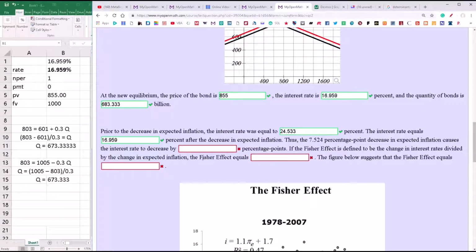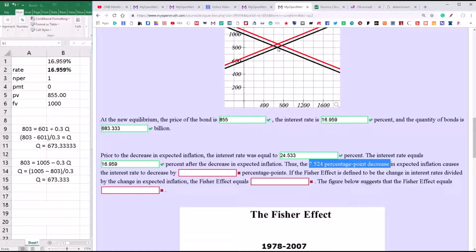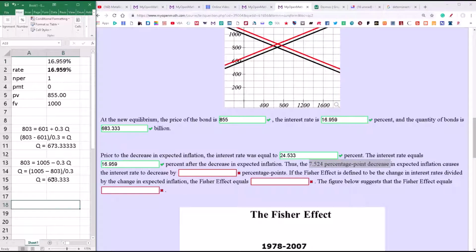Okay, good. Now, remember, it was assumed that expected inflation decreases by 7.524%, right? So this effect here is what causes both demand and supply to go from the black curves to the red curves, right? What happened to the interest rate? How much did it decrease by? Well, prices increased from here to there. Interest rates decreased from there to there. So let's calculate the difference in interest rates.